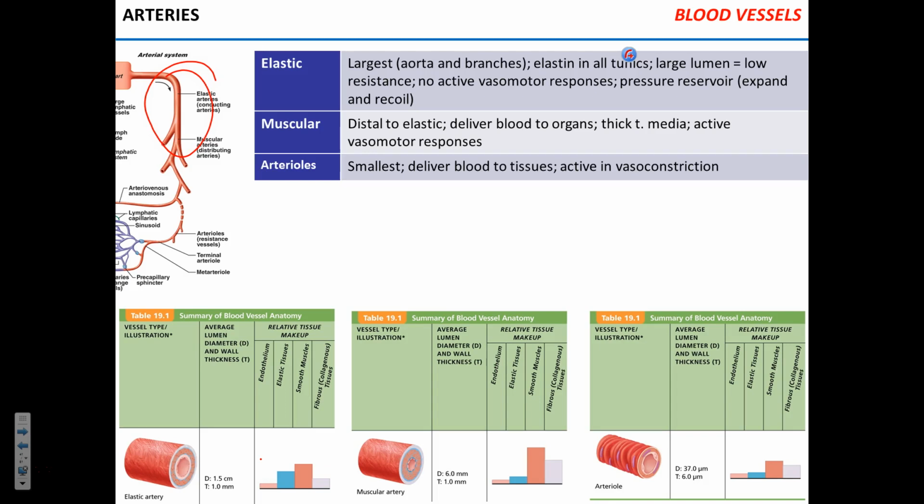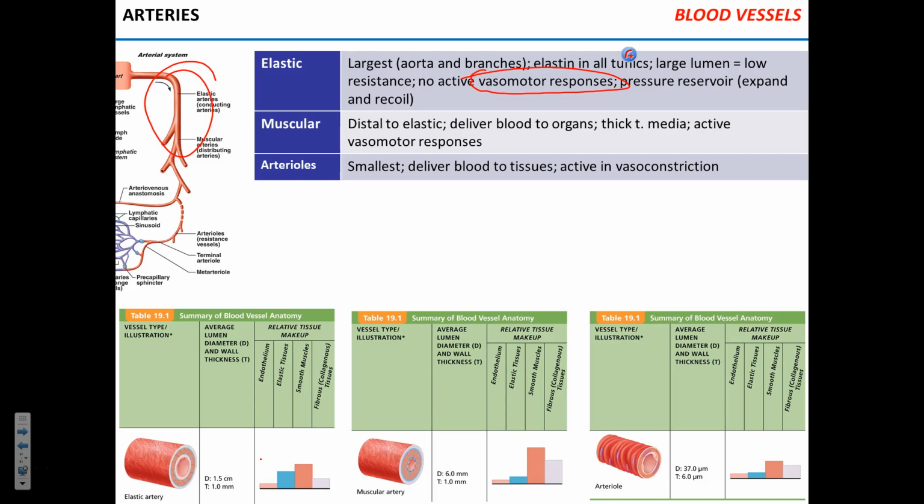Does that make sense? Also, thankfully, they do not have vasomotor responses. So what is a vasomotor response? Vaso means vessel. Motor means muscle. Vasomotor response is the muscle contraction in the vessel wall.